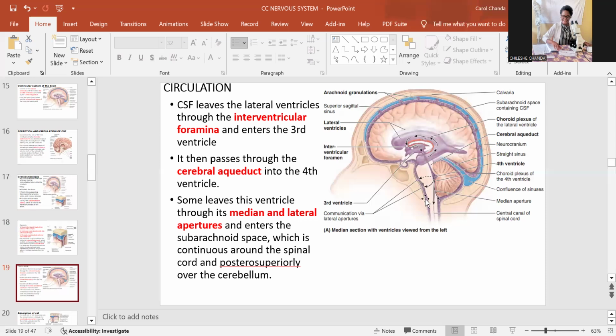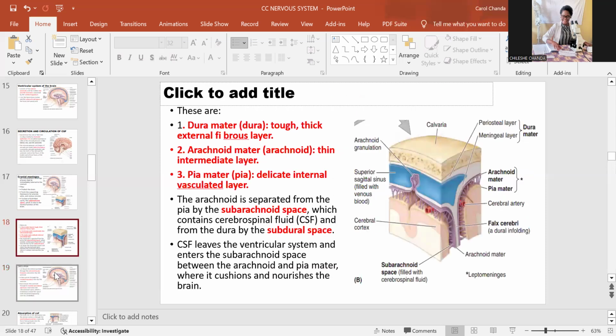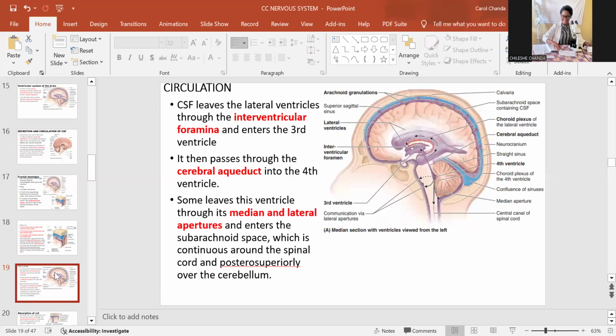And as the cerebrospinal fluid is moving around, the oxygen is being used up and it goes back into the bloodstream through the arachnoid granulations, into the sinuses, into the superior sagittal sinus over there. Okay, so that is how cerebrospinal fluid moves.